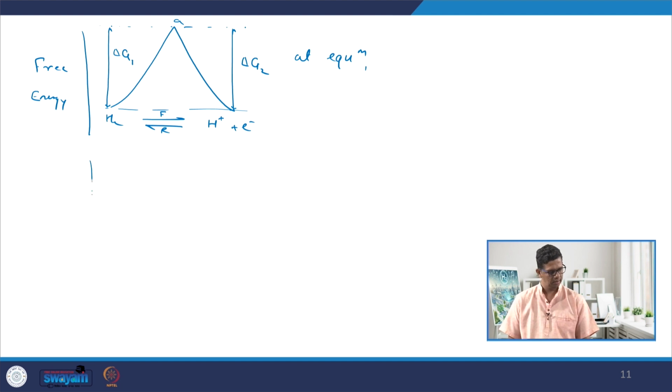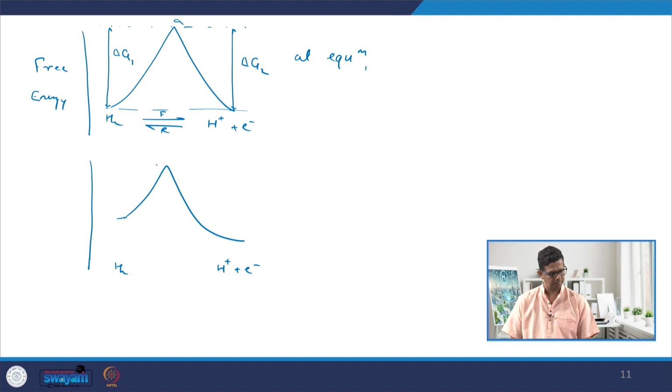How does it change if there is some reaction that is favored? Let's assume the forward reaction will be favored. So in that case, our delta G1 has to be lesser than delta G2. So the image will look like this. So this is still the H2. So I can write here it is H plus electrons, and this one is our delta G1.